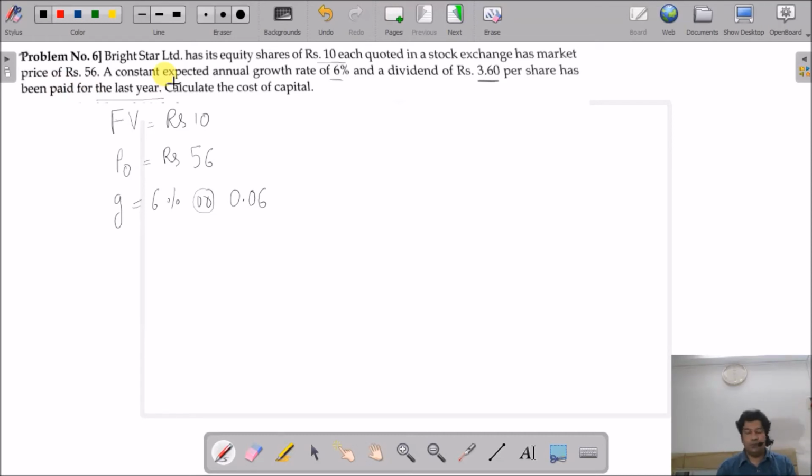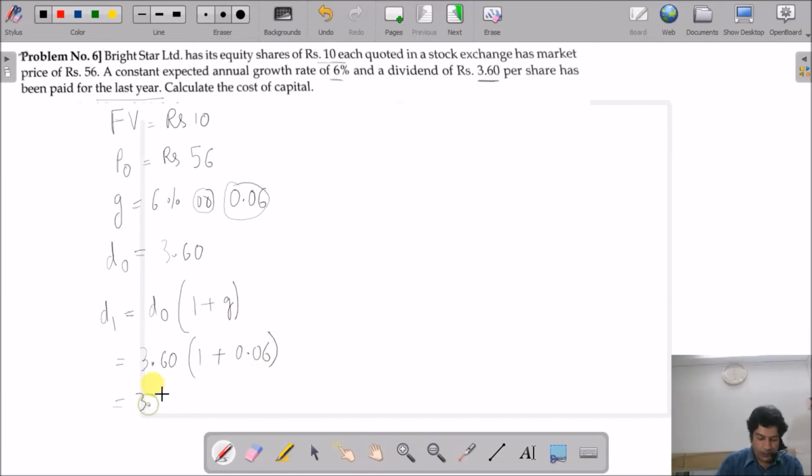Here you have to be careful that they have given that this is the dividend of last year, and I've already mentioned that the dividend of the last year will be taken as D0. So D0 is 3.60. Now we need to find D1. So that we have already learned, it's D0 into 1 plus growth rate. So D0 is 3.60. 1 plus the growth rate is 1.06.